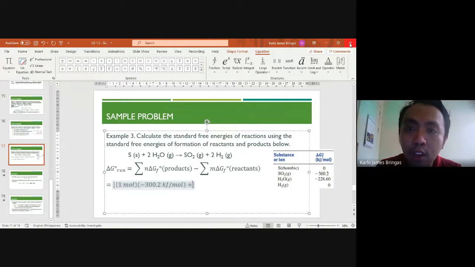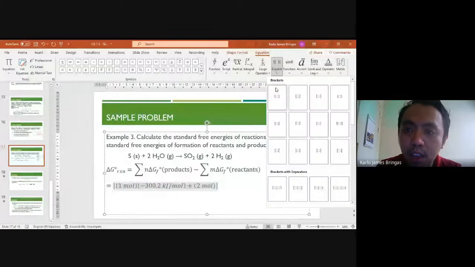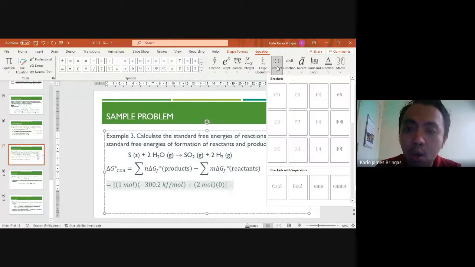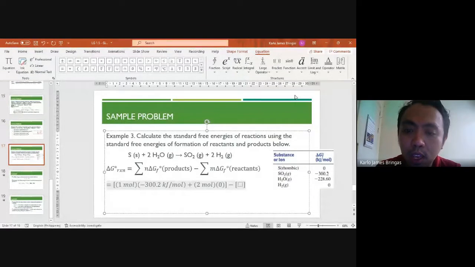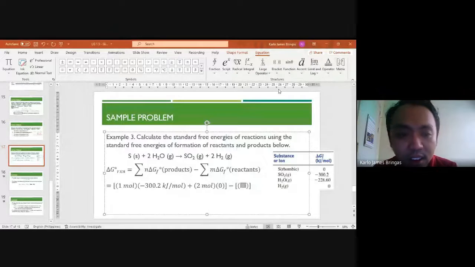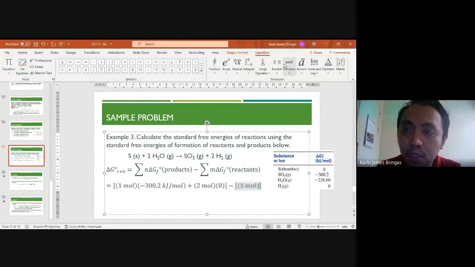Plus, for our hydrogen, we have 2 moles of hydrogen times the energy of formation, which is 0. Minus our reactants. So copy ko lang yung type ni Daniel for this one. We have the sulfur rhombic. That's 1 mole of the sulfur times 0.